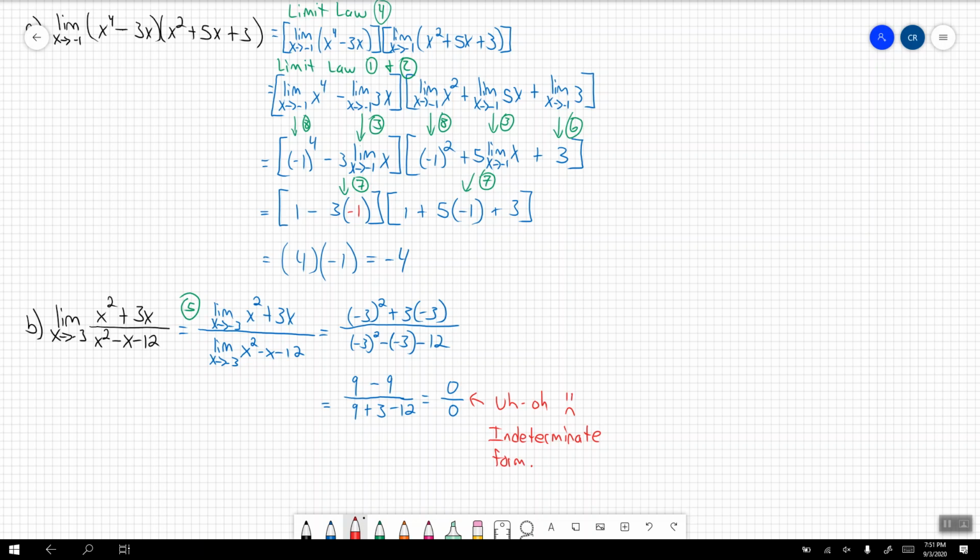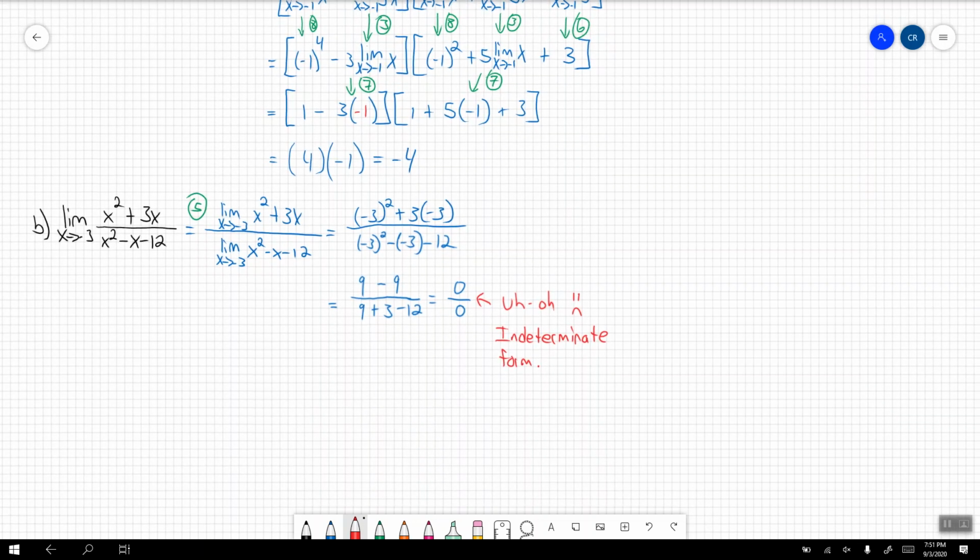What that means for us is that we now need to apply either some algebra work to simplify our initial expression, or some trigonometry substitutions in order to try to justify this.